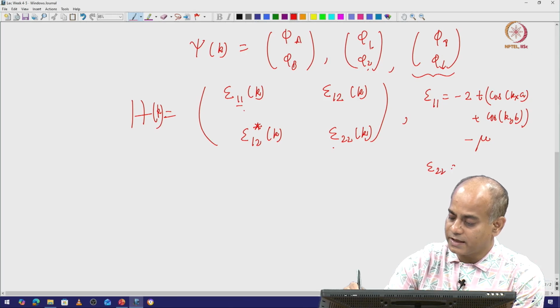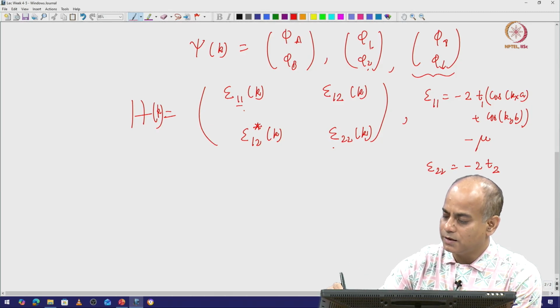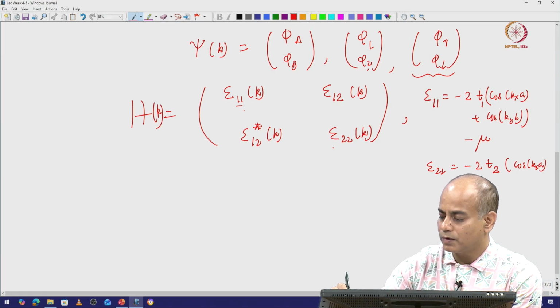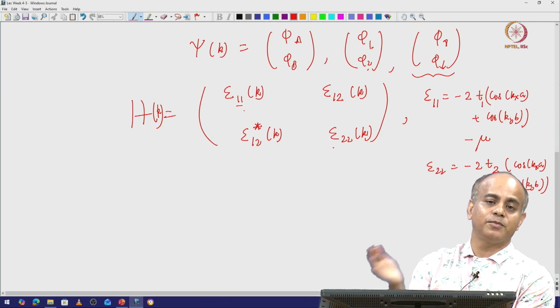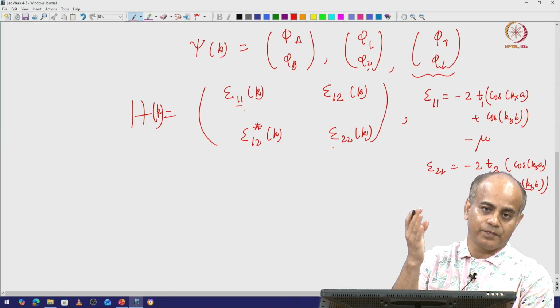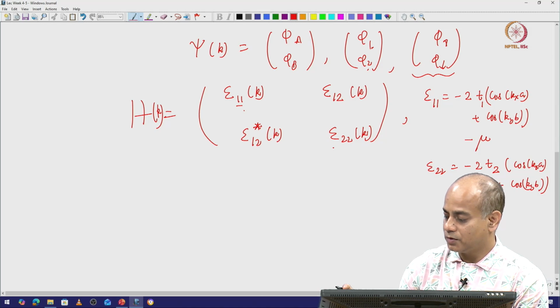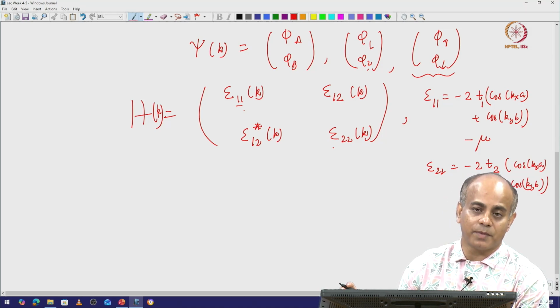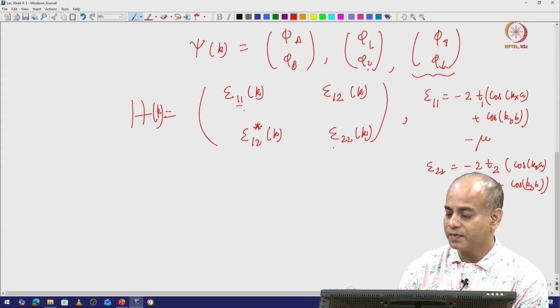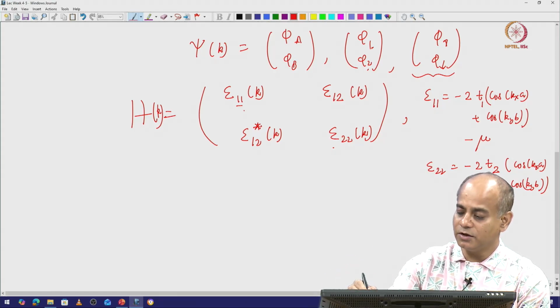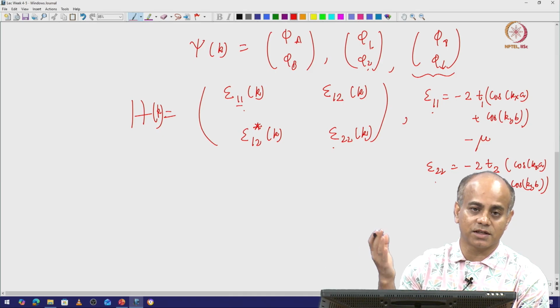So, 2 2 will again be minus 2 t, let me put t1 and t2, again it will be the same or it can also be different, minus mu, the same chemical potential, which is an entire shift that comes from adding a particle to the system, and that particle can be added to any of them or in some superposition state. So, it is just a constant term.